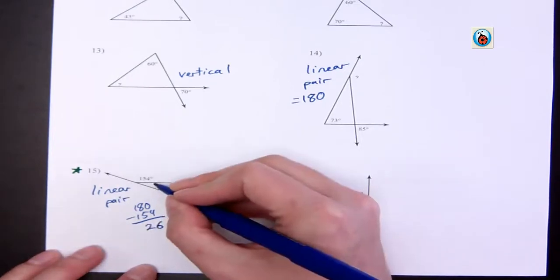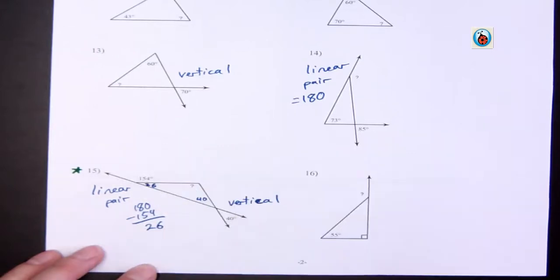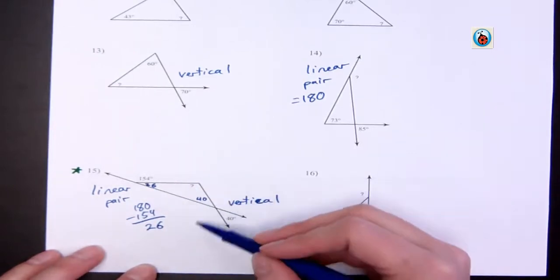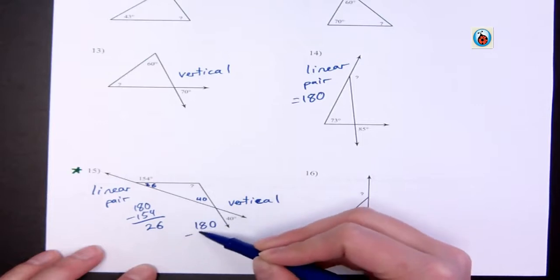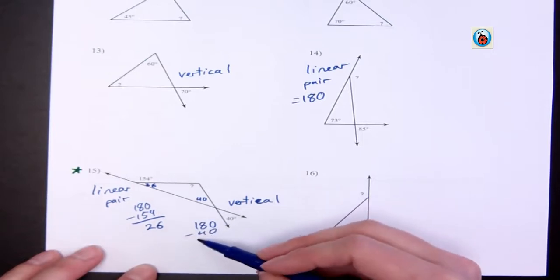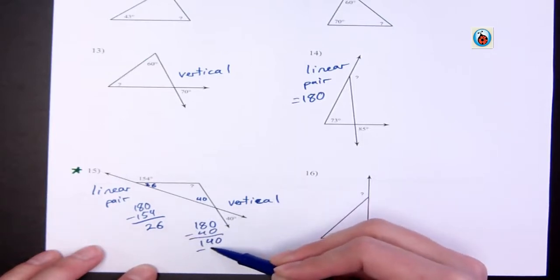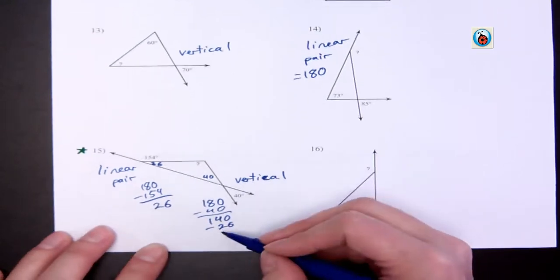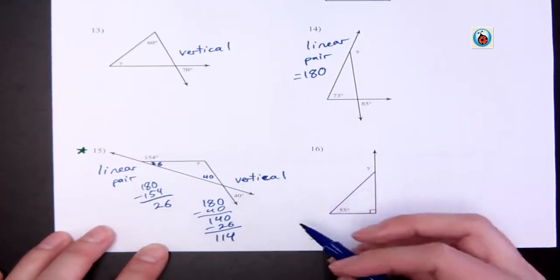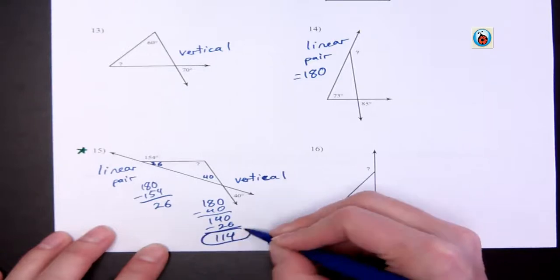So then this angle is 26. So now we do our 180 minus 40, which is 140, minus 26, which gives us 114. And so our answer is 114.